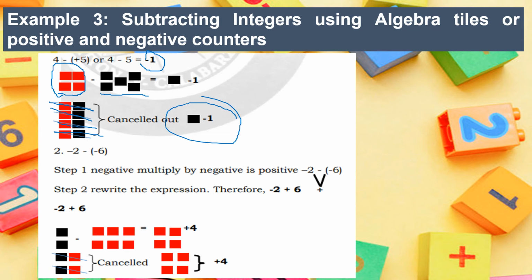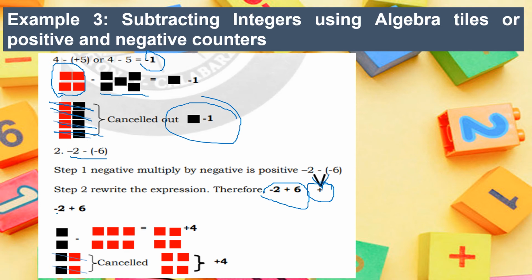Number 2, negative 2 minus negative 6. Step 1, negative multiplied by negative is positive. Step 2, rewrite the expression. Therefore, negative 2 plus positive 6. So, kapag parehas daw negative ang ima-minus, i-multiply muna natin siya. So, negative times negative equals positive.